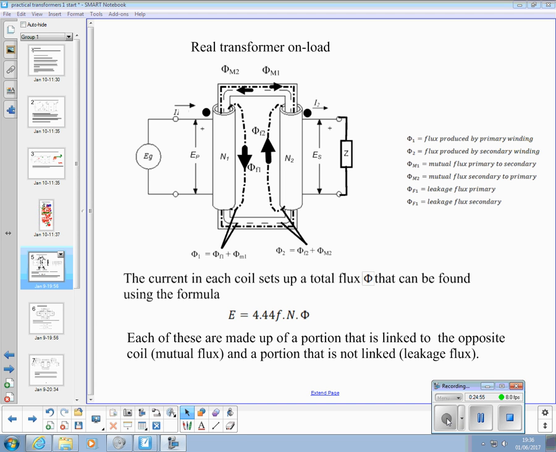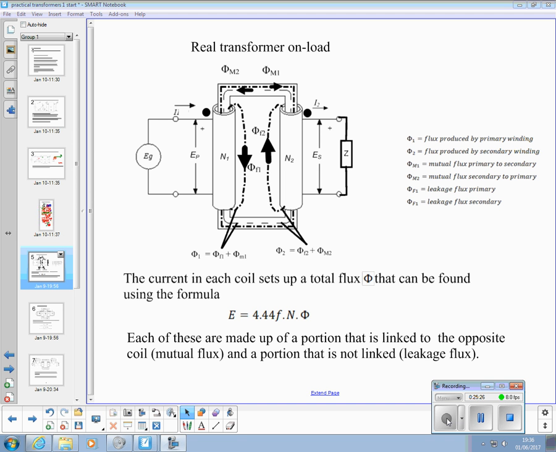We've got flux in the primary coil that's linked with the secondary, doing useful work. We've got flux in the secondary that's linked with the primary. And then we've got leakage fluxes in both coils. We've also got the resistance of the secondary to consider as well. It's going to cause some more heat losses.